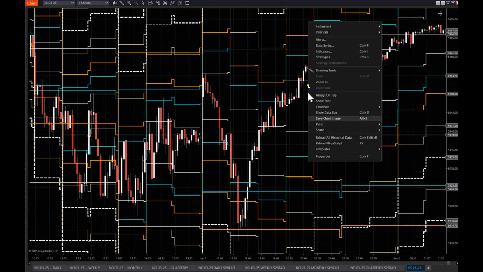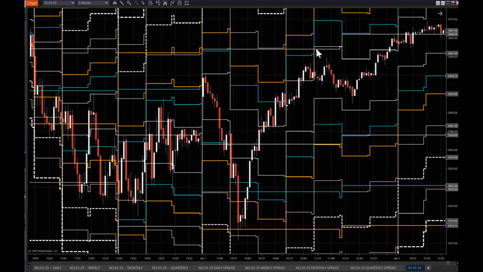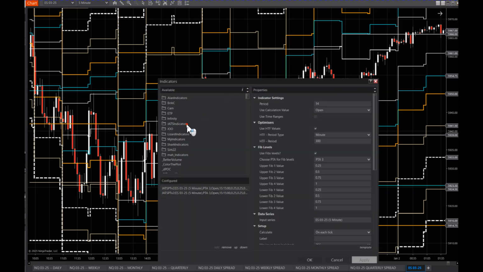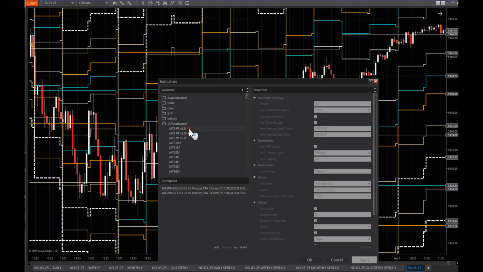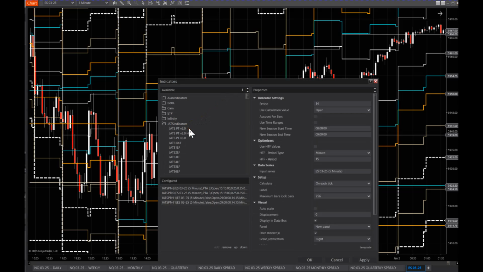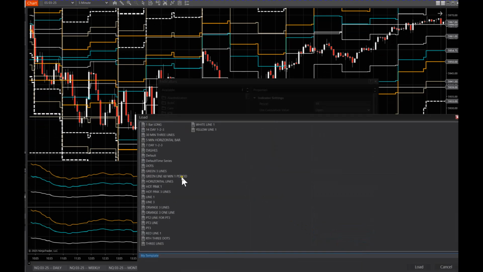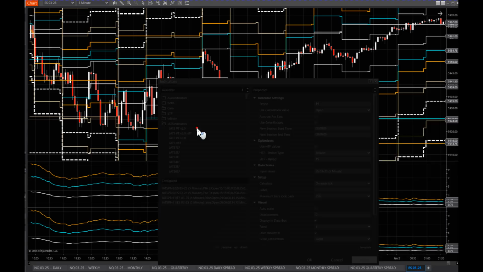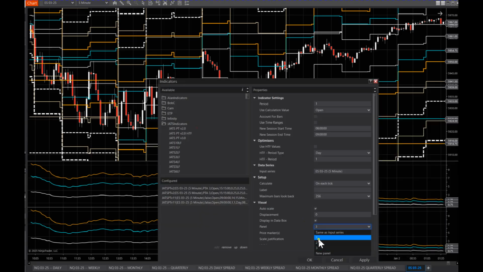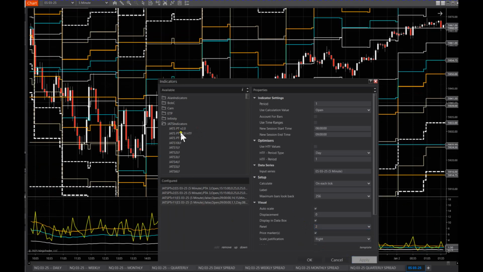And we can add that oscillator, which is really our huge edge for this, to recognize when we're trading inside or outside these ranges. So I'm going to put my daily on.